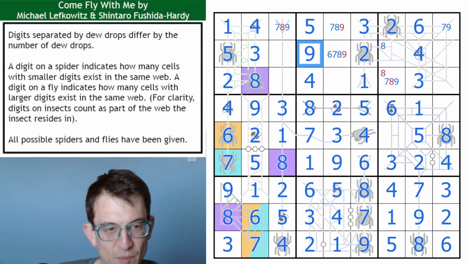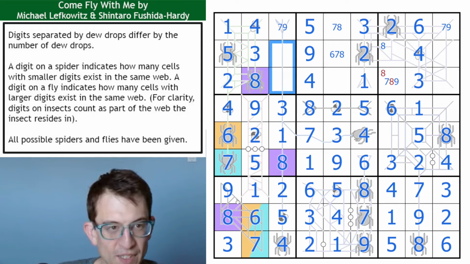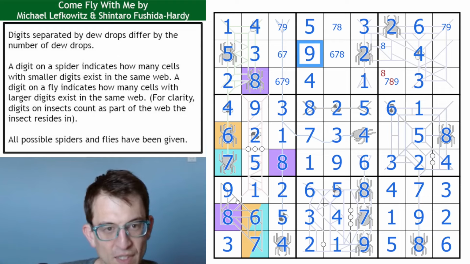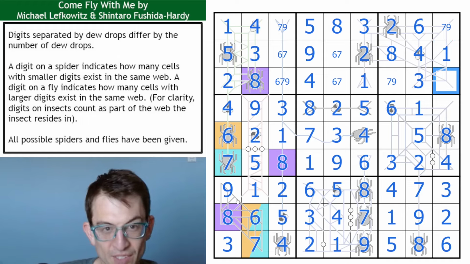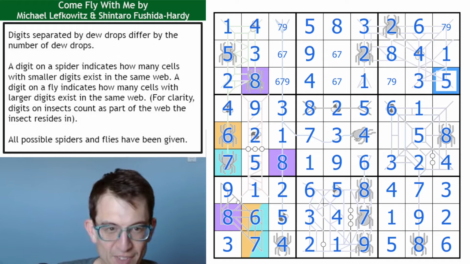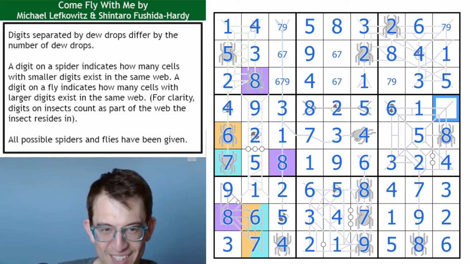I think that's going to be all she wrote here. I should know this digit is a 1. I should know this digit is a 5. Let's go down here. These digits are 7 and 9 in this order.